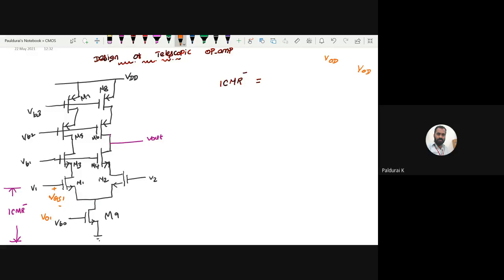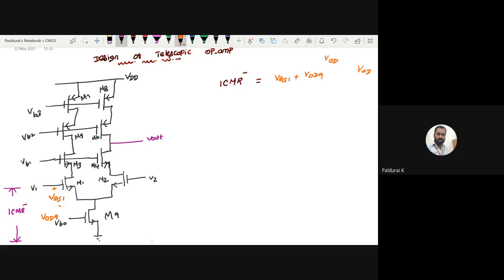This is the overdrive voltage of the ninth transistor. So ICMR minus is VGS1 plus the overdrive voltage of the ninth transistor.